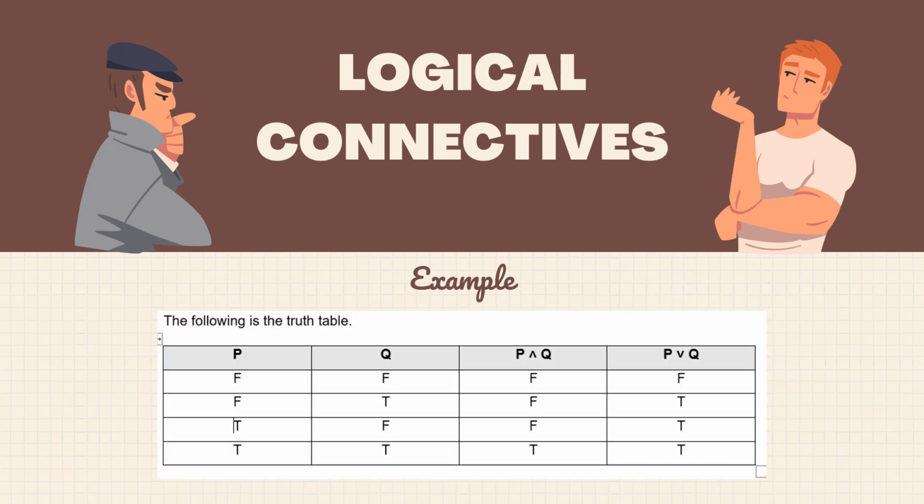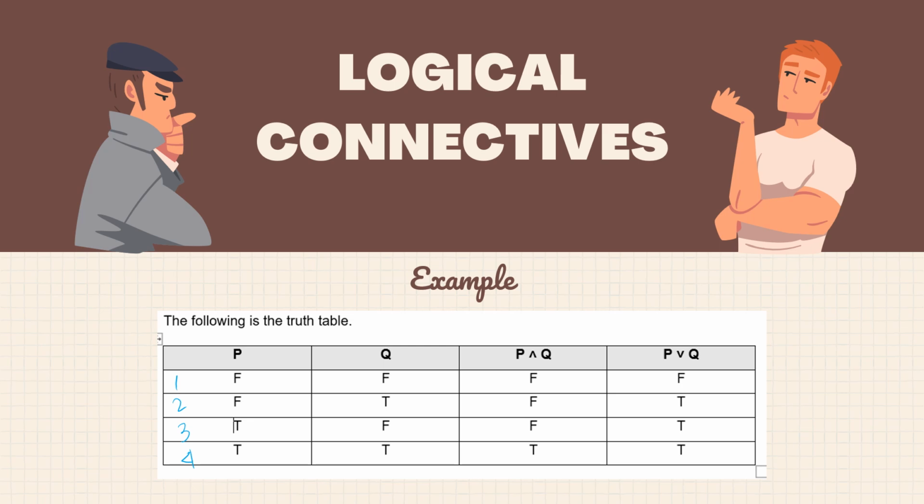The following is the truth table for logical connectives. So, for example, we have four pairs of propositions. The first proposition is F, the Q proposition is F, which means false. So if we make a statement P and Q, the statement will be false.